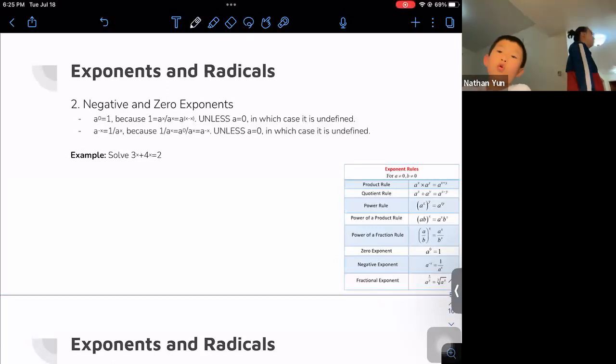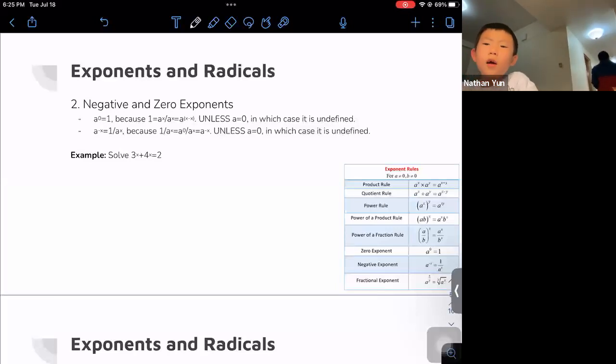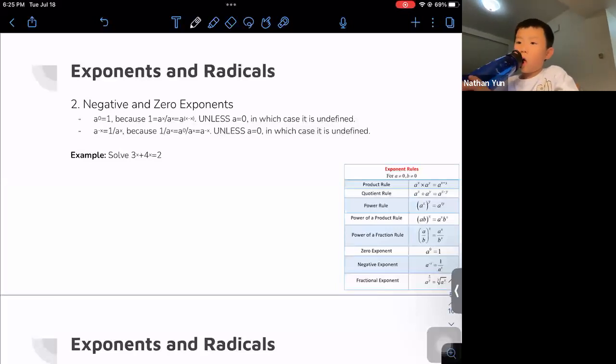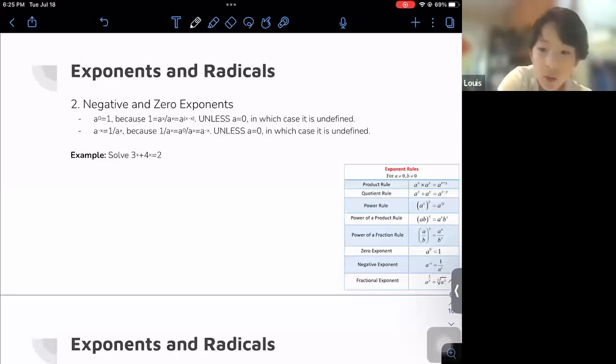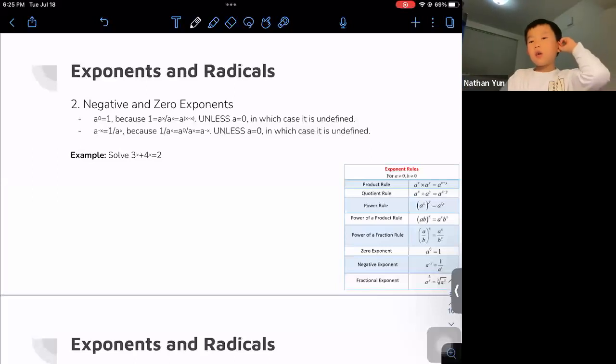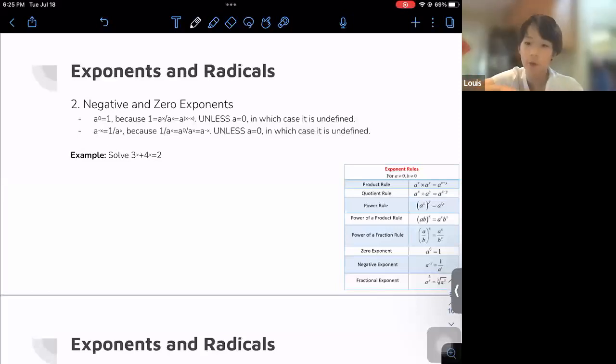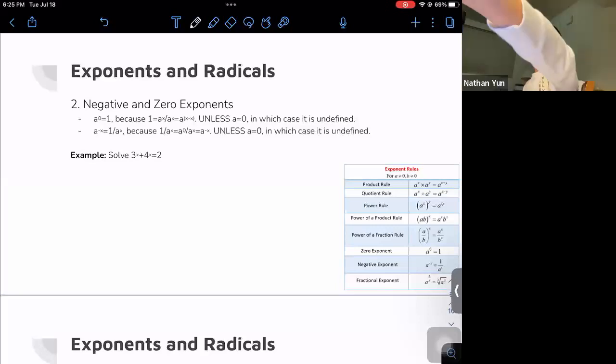Does it say to the power of x or multiplied by x? It's 3 to the power of x plus 4 to the power of x. Okay.